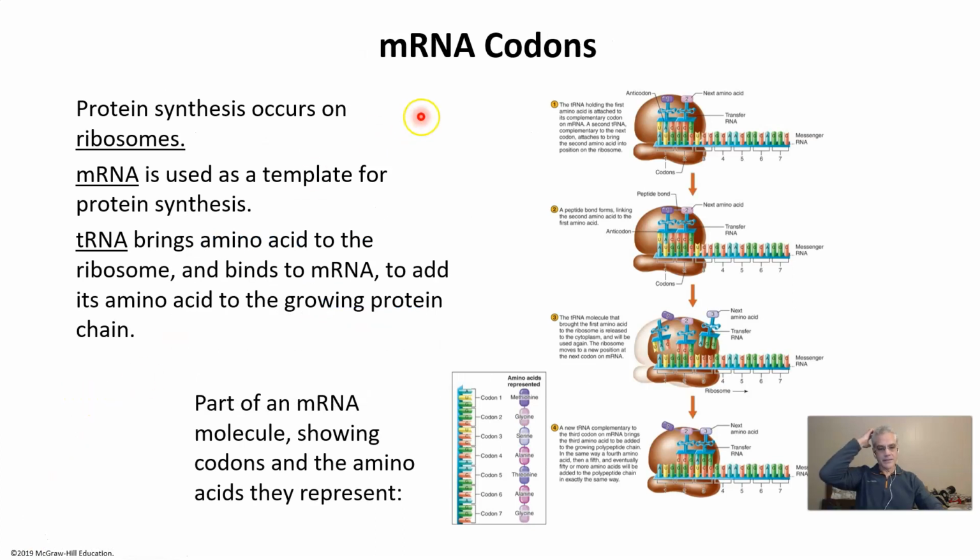Right, so here's the whole process. Now we're all in the cytosol at this point, right? We're out of the nucleus. We've got mRNA here. And this particular picture shows the codons. Here's codon 1, here's codon 2, and 3, and 4, and 5, and each one of them is 3 bases long. And here's AUG, and our ribosome grabs on there.